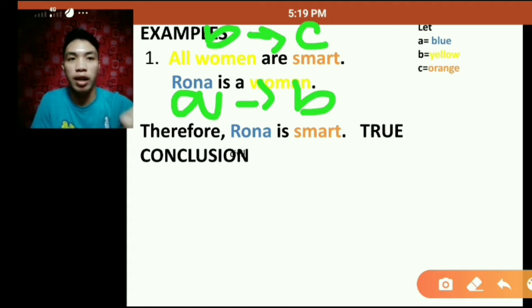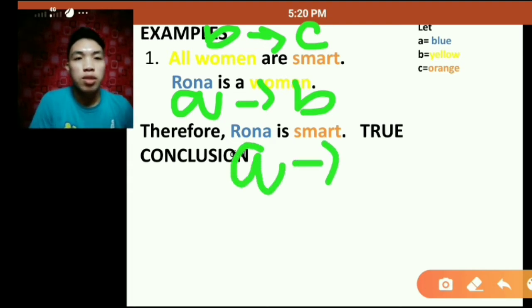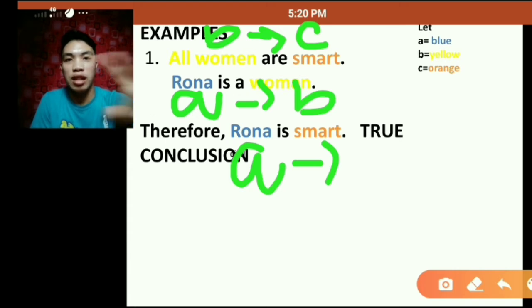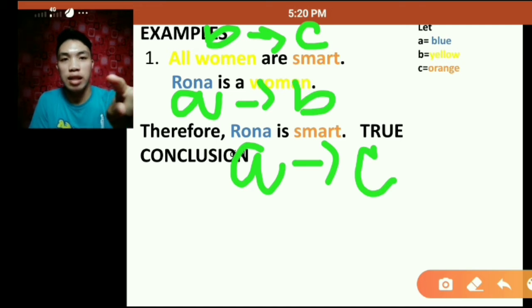Rona is letter A, and smart is letter C, since it is similar to the last word in the first sentence. So the first criteria is correct in this example.